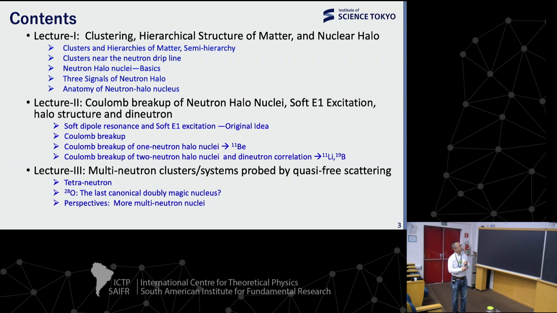And the last part, I'd like to concentrate on multi-neutron cluster systems followed by quasi-free scattering. I introduce you tetraneutron experiments and oxygen-28. And also, I'd like to show you our perspectives on the near future experiments.